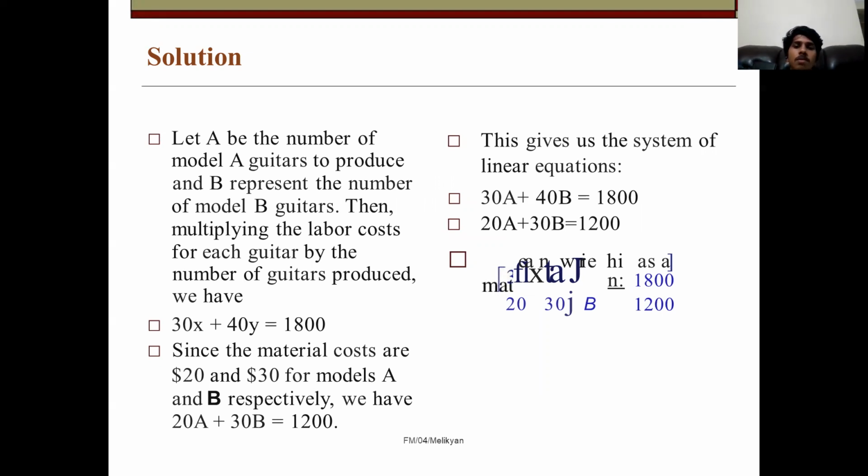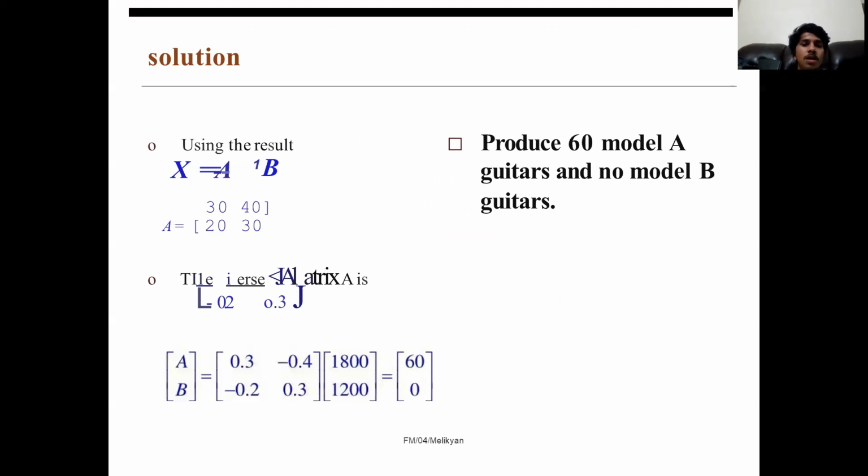This gives the system of linear equations 30a + 40b = 1800, 20a + 30b = 1200. We can write it as AX = B, using the result X = A inverse B, where A = [30 40; 20 30].